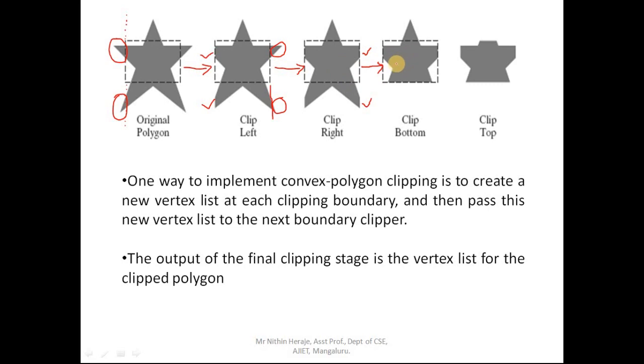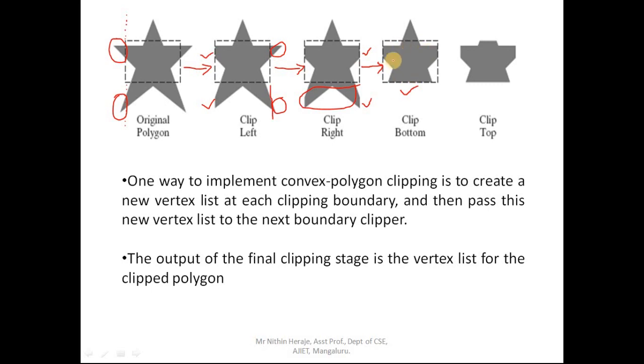So in the bottom clip, whatever portions are below the bottom line of the window will be clipped off. That is, this complete portion will be clipped off, and you will get the new polygon like this. You can see that here the polygon has been clipped off.